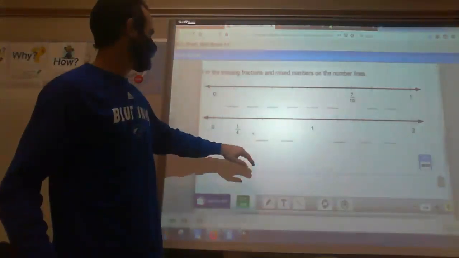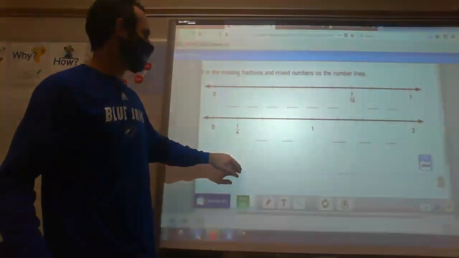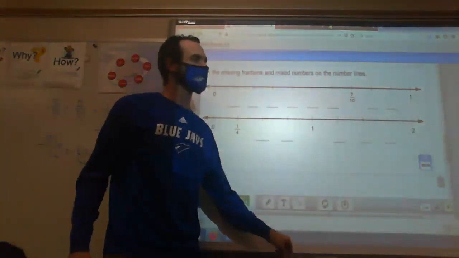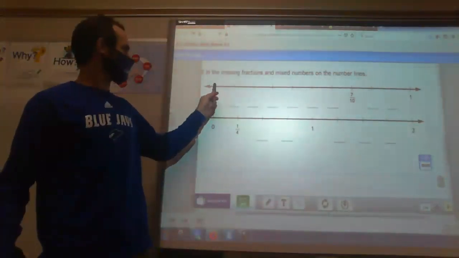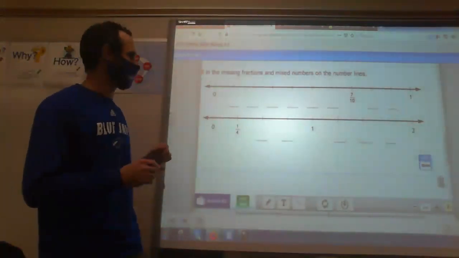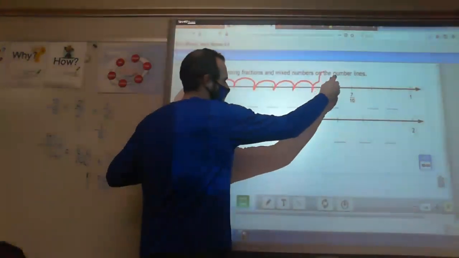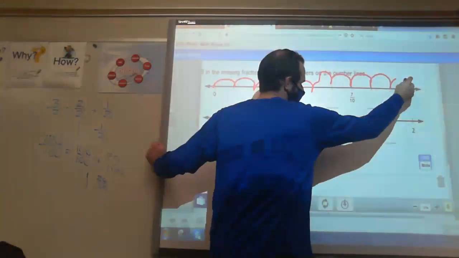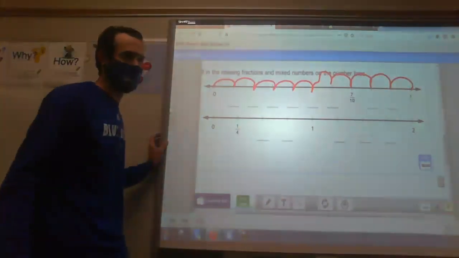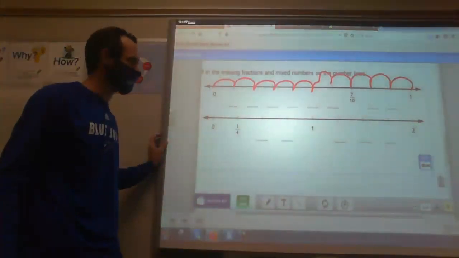Okay, top one's pretty self-explanatory. But here's the difference. When I've taught you to do this, I say you count until the first whole number. So watch. 1, 2, 3, 4, 5, 6, 7, 8, 9, 10. See how you get your 10 for a denominator?